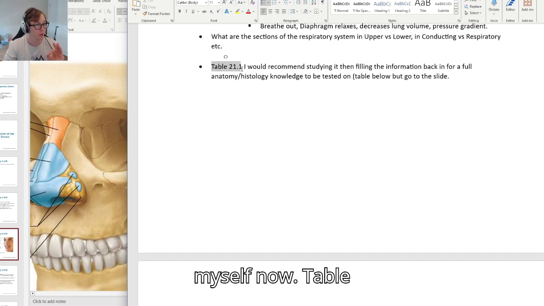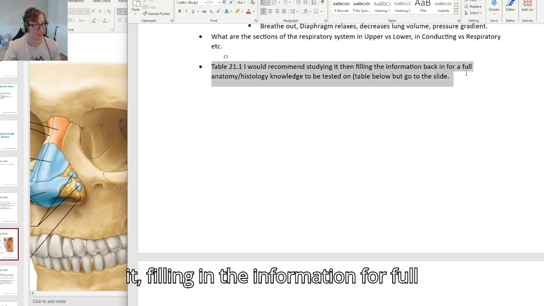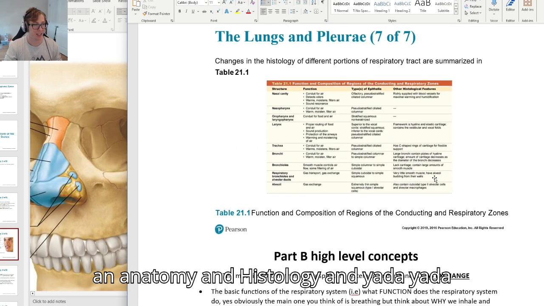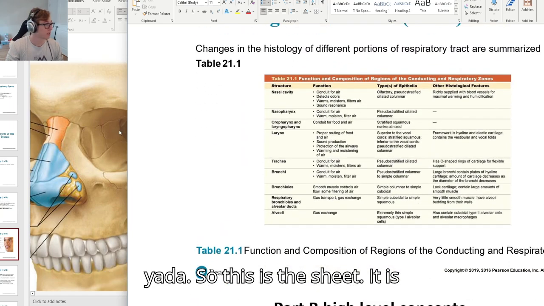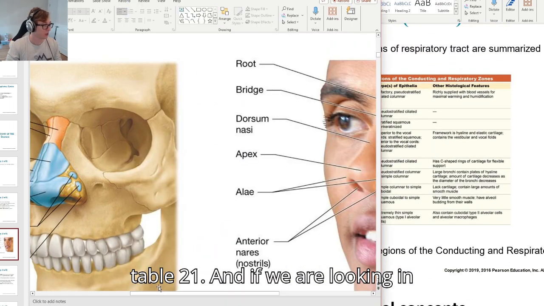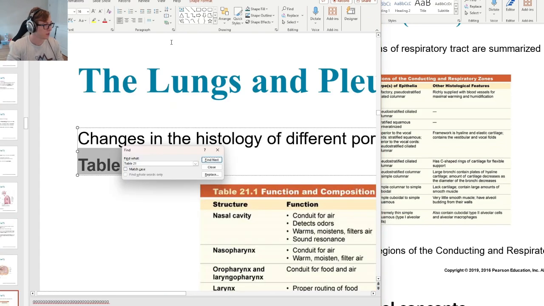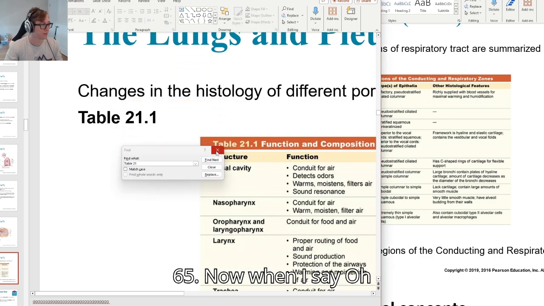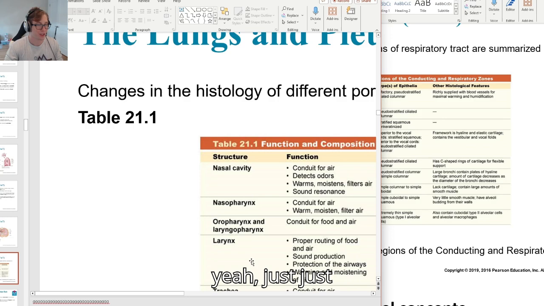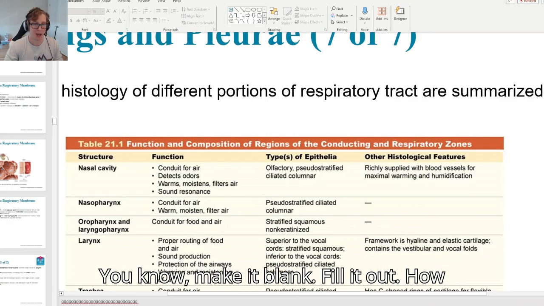Now, Table 21.1, I would recommend studying it, filling in the information for full anatomy and histology and so on. So this is the sheet. It is Table 21, and if we are looking in PowerPoint, that is on page 65. Now, when I say, just make it blank, fill it out, how would I do that?